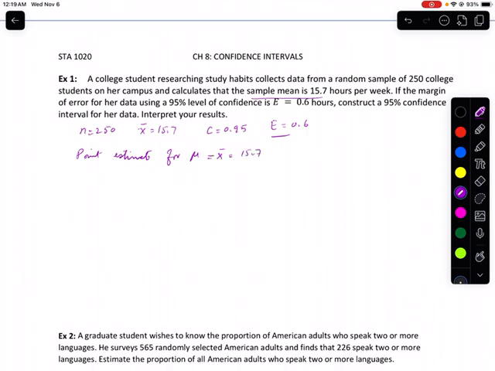So, I do 15.7 minus 0.6, which is equal to 15.1.